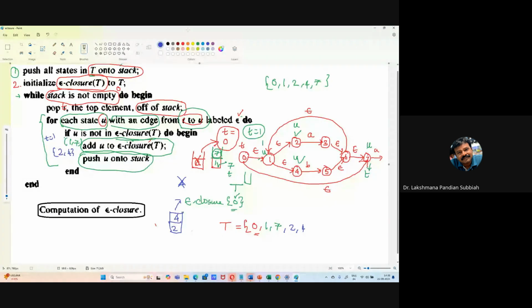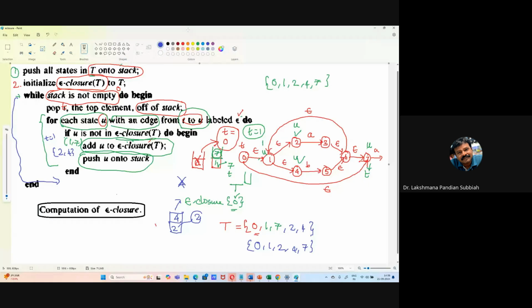You pop 2; from 2 also there is no epsilon edge. Now the stack is empty and the algorithm comes to an end. This is the epsilon closure of 0, in order: 0, 1, 2, 4, 7.